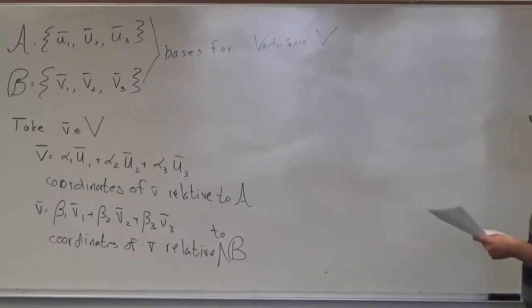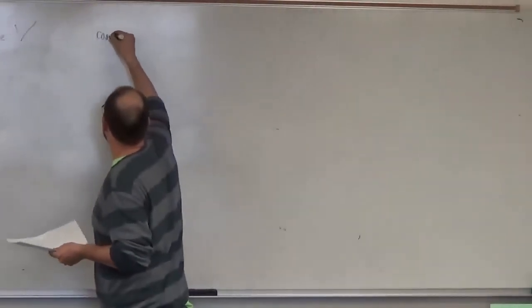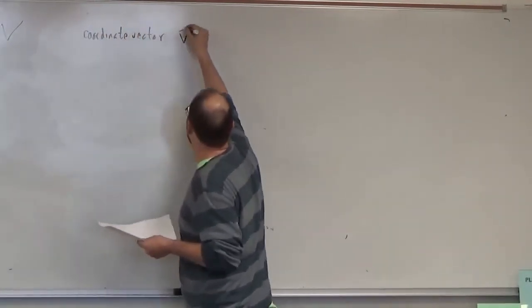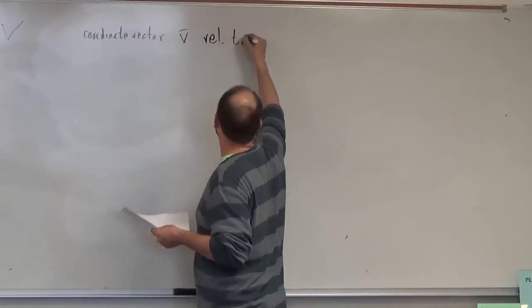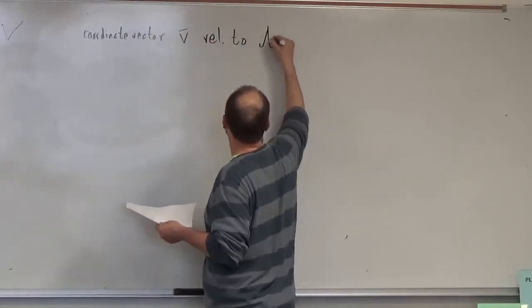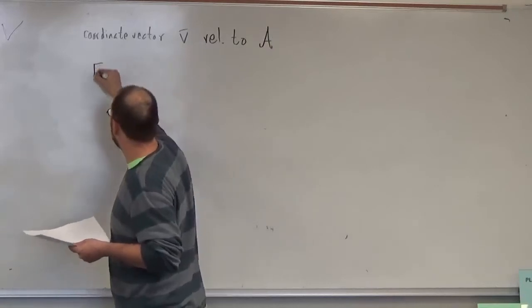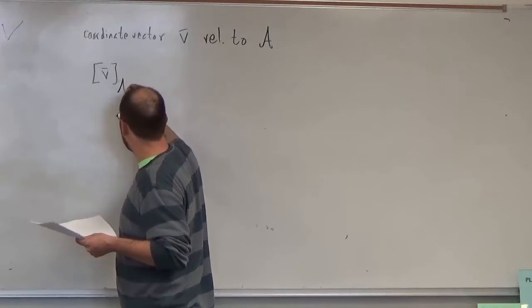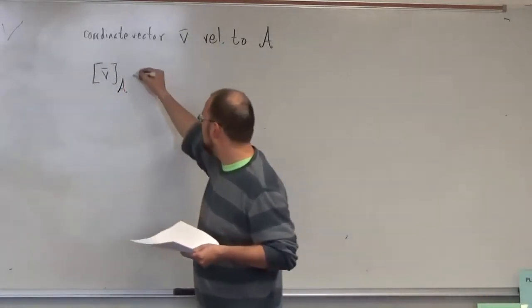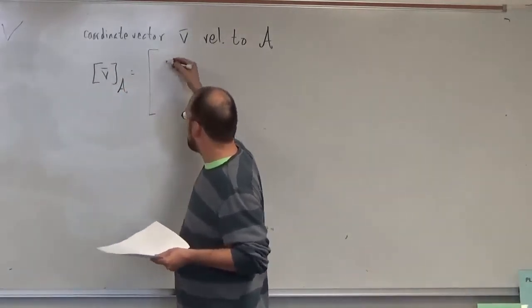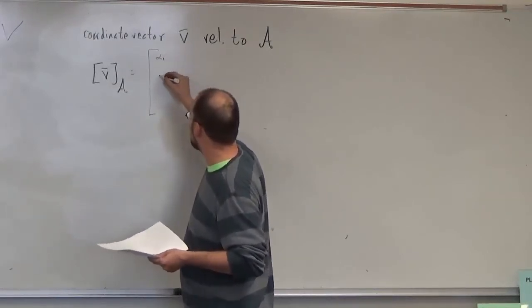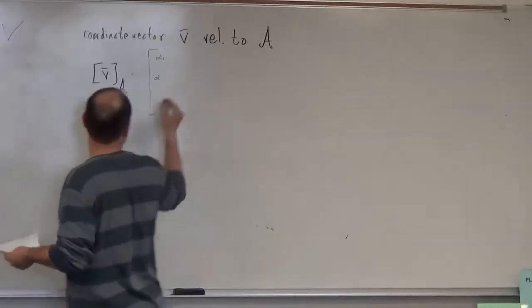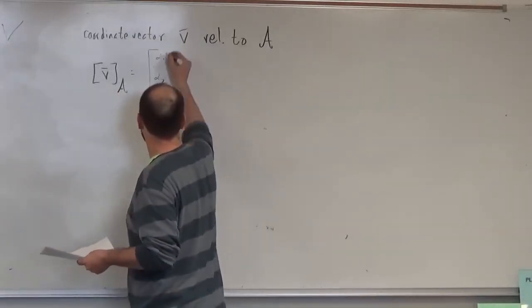So now let's define coordinate vector. A coordinate vector relative to a basis, say A, would be exactly, the notation is like this. Here's the vector, and the coordinate vector relative to basis A is exactly that column vector whose entries are the coordinates. So alpha 1, alpha 2, and alpha 3.